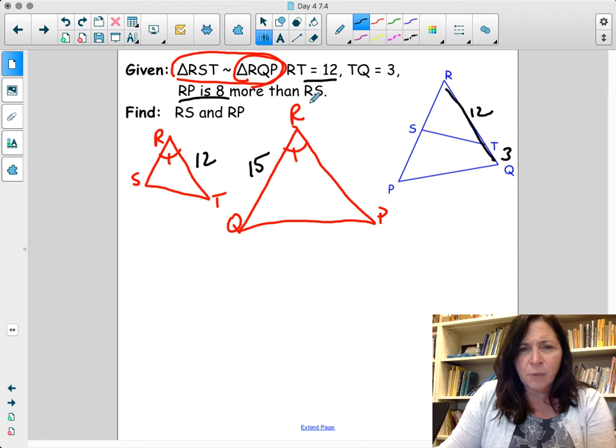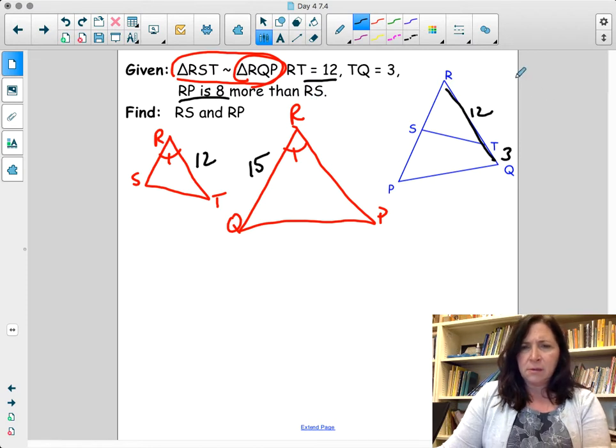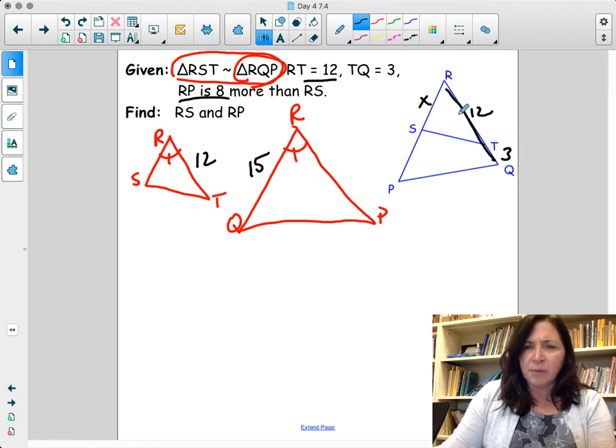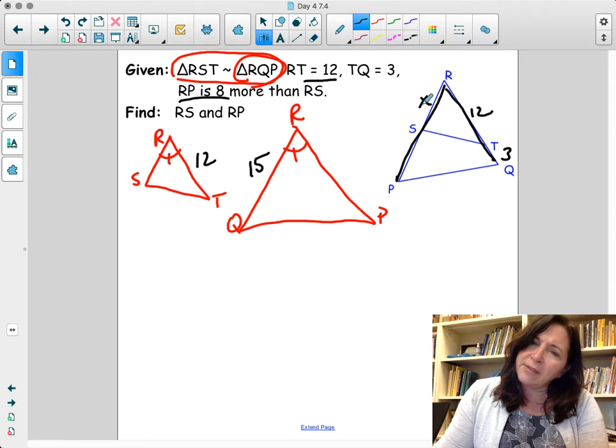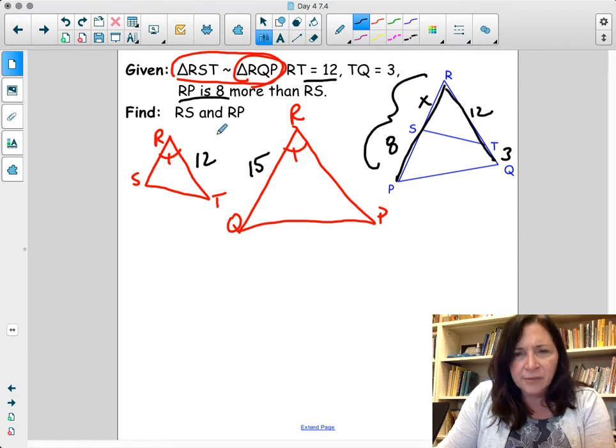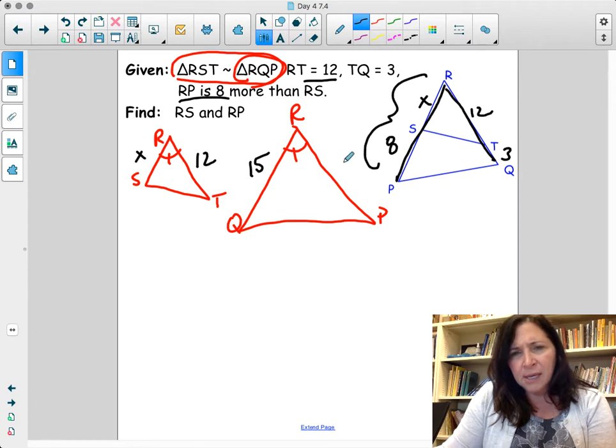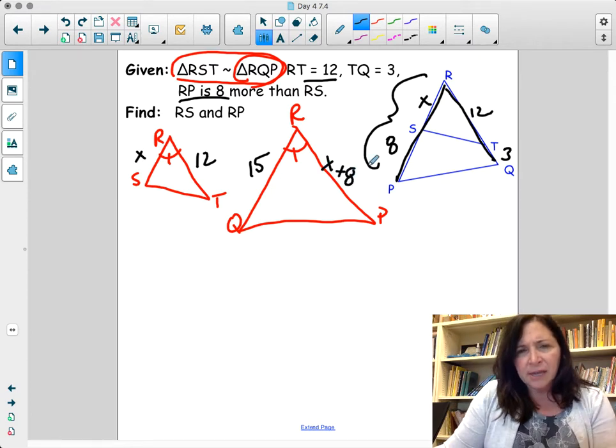RP is 8 more than RS. We don't know what RS is, but we do know that RP is 8 more than that. So that's going to be X, RP is X plus 8, okay?